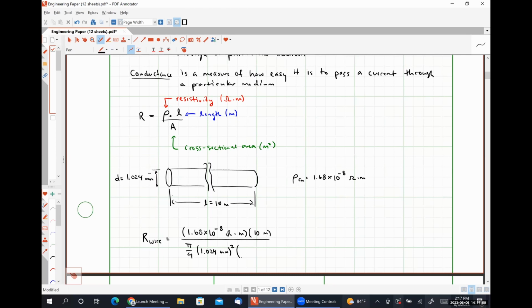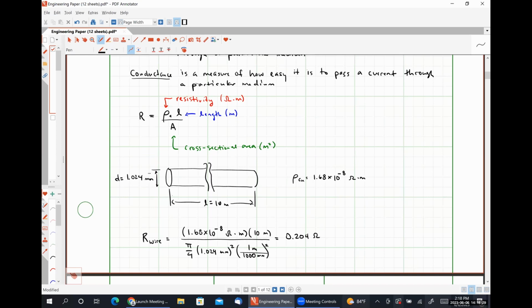There are 1,000 millimeters for every meter, and I need to square this conversion factor. And what I'm going to wind up getting as the resistance of this 10-meter long section of wire is 0.204 ohms. Okay.